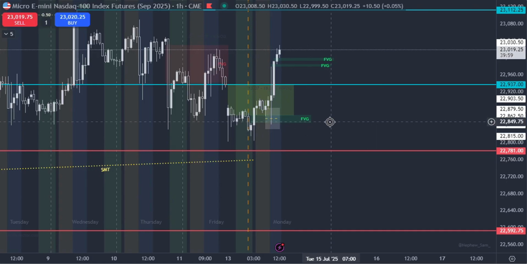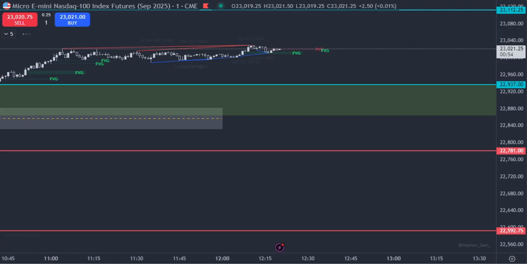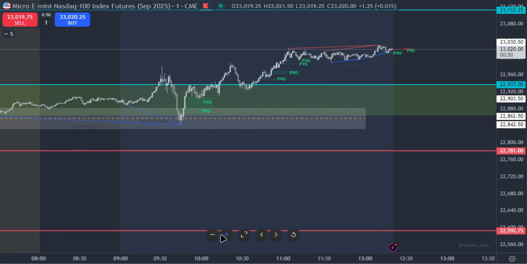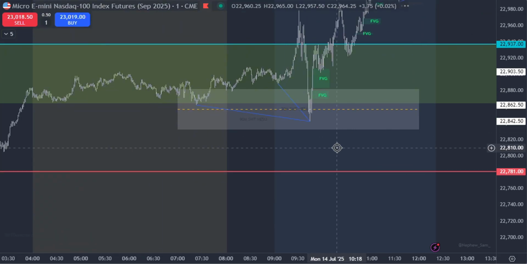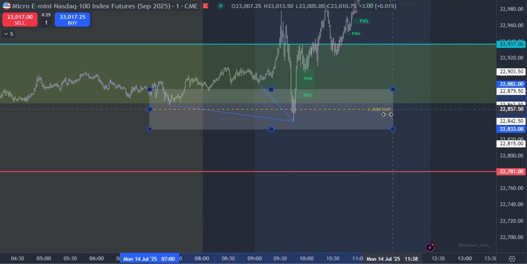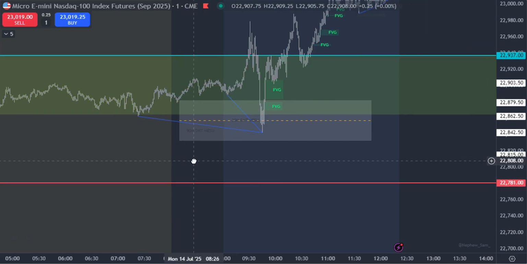Let's zoom in right here. All right, so this morning we dropped into that hourly fair value. Well, actually, let me zoom out so you can see again.